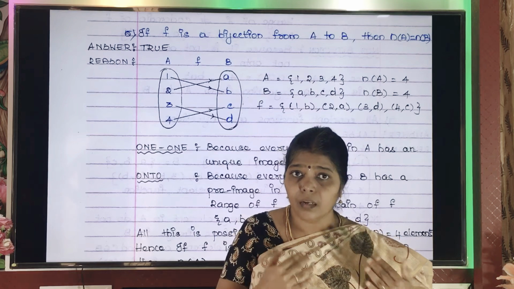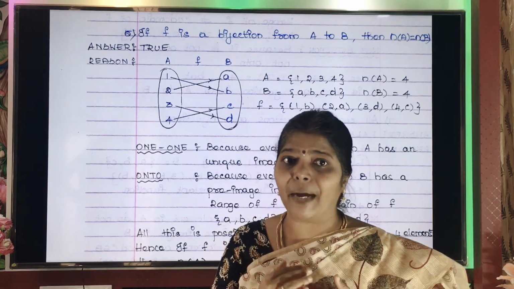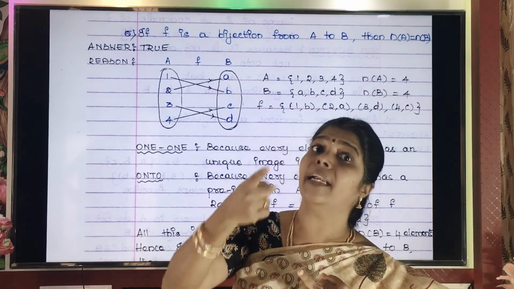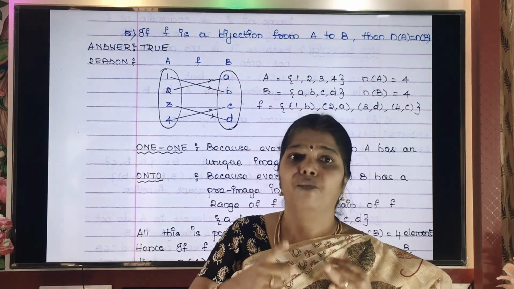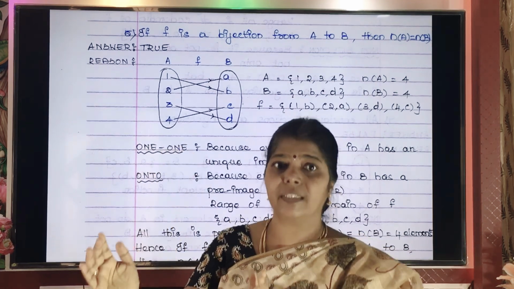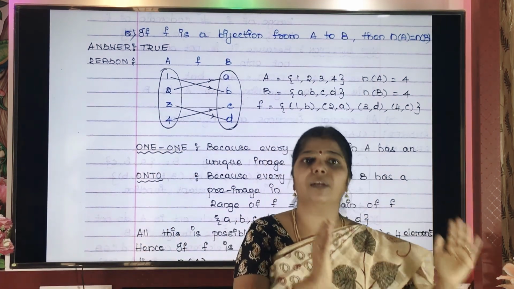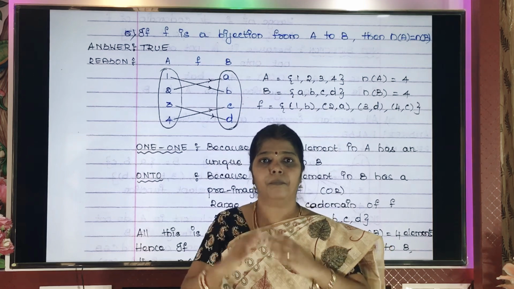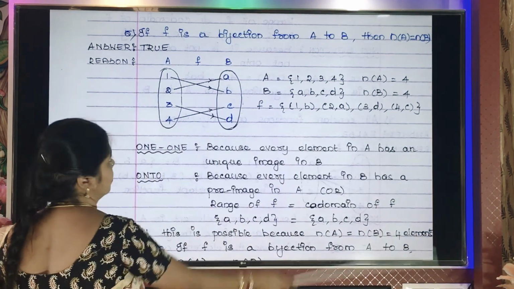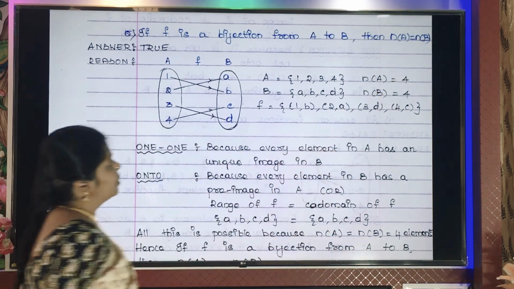Yes. Now for a function to be bijection, it has to be one-to-one and it has to be onto also. For that, what should be the condition? Cardinal number of set A should be equal to cardinal number of set B. Means n of A should be equal to n of B.